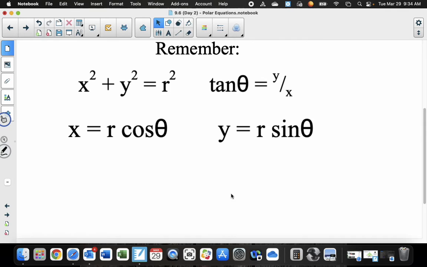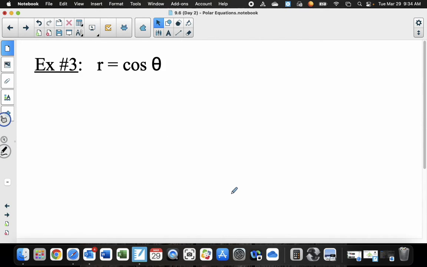You have to look for, do I have r squareds? Because if you do, you can take r squareds out and substitute in x squared plus y squared. Do I have r cosine theta? Do I have r sine theta? Do I have just theta? You have to look at what you have before you start. It's not one where I just go and do this. You have to think about it before you get started. But it's all going to come back to these 4 equations. Okay? So if we take a look, here's your first example of going the opposite direction.